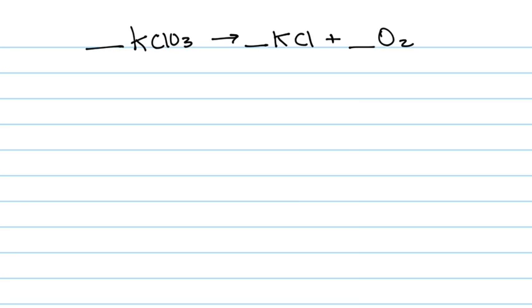Put in our coefficients from when we balanced it, which were 2, 2, and 3. Now I'm going to label the information that was given. This time they want to know how many grams of potassium chlorate are produced from 9 liters of oxygen gas at STP.